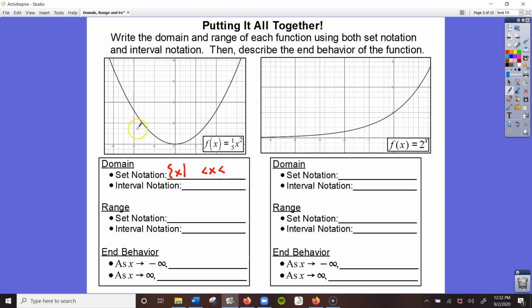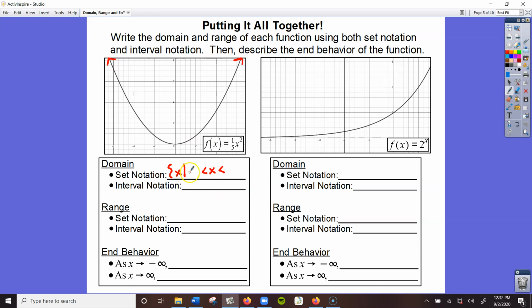Now when I look at this graph, if it goes to the very edge of your graph, that means that it eventually goes on forever. Now domain, remember, is the x values. So you're going to look at how far left does the graph go and how far right does the graph go. This graph, if you picture it going on forever, it's going to eventually open up to the left forever.